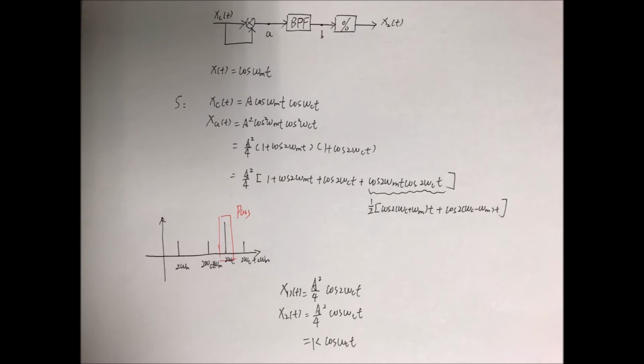Here, the signal mixes with itself. So at point B, x at point A will be squared.